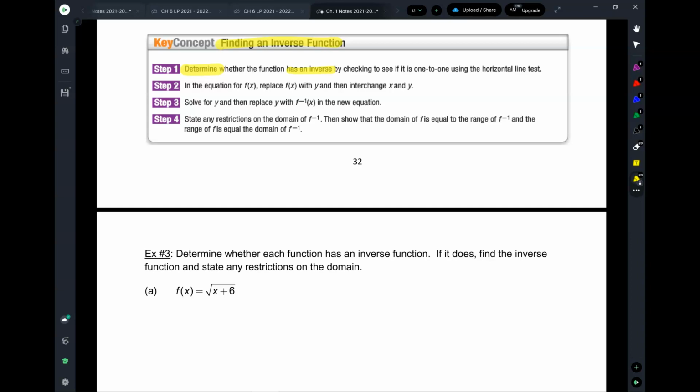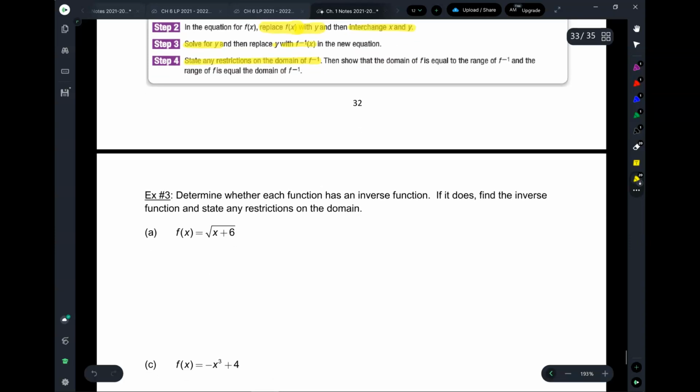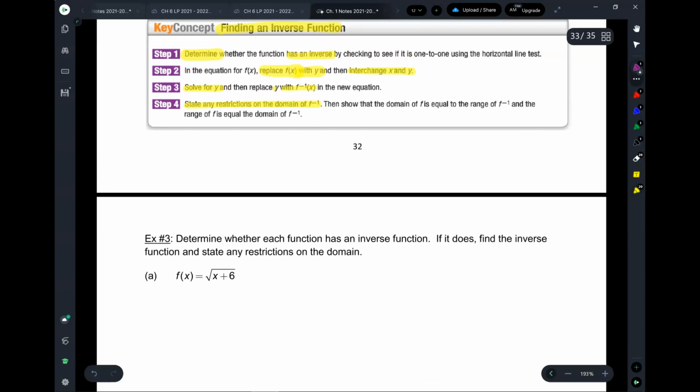Then, in the equation, you're going to replace f of x with y. Then, interchange x and y. Solve for y. And replace with f inverse. And then we have to state any restrictions if there are any. Okay? Well, let's do one, and then you'll see, we'll tie it in. Okay, so let's go step by step.